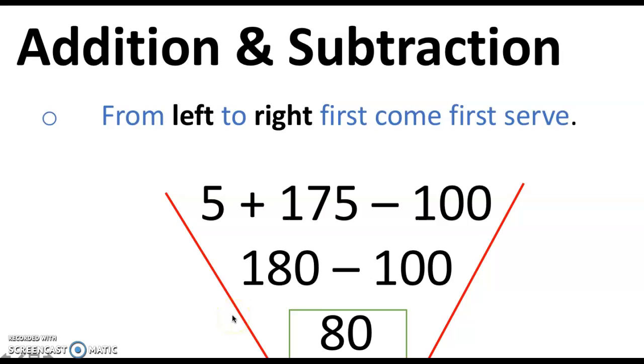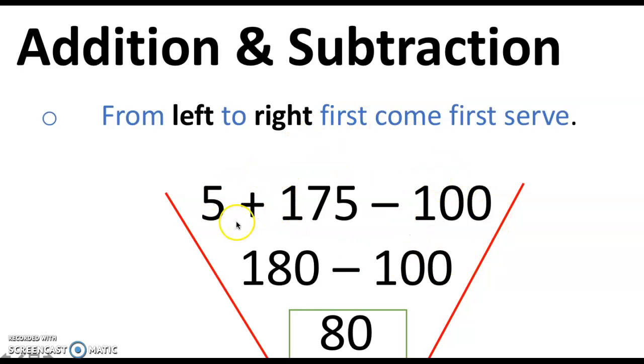The last part of our acronym PEMDAS is the A and the S. The A and the S stands for addition and subtraction, and just like multiplication and division, these two are basically equivalent in their order. And I mean by that that you solve it from left to right. So just like with division and multiplication, if you encounter addition and subtraction in the expression and they're side by side, you solve it from left to right.